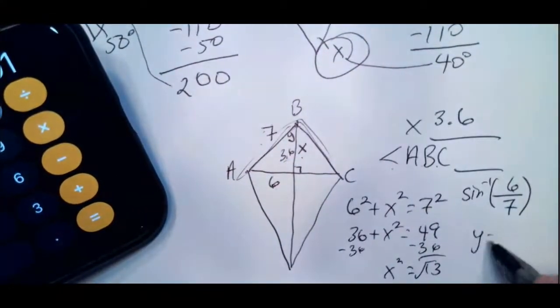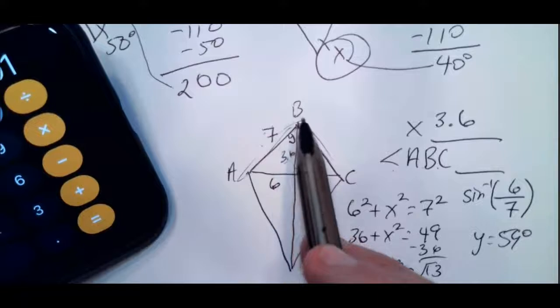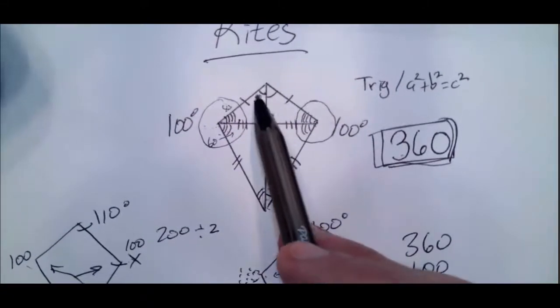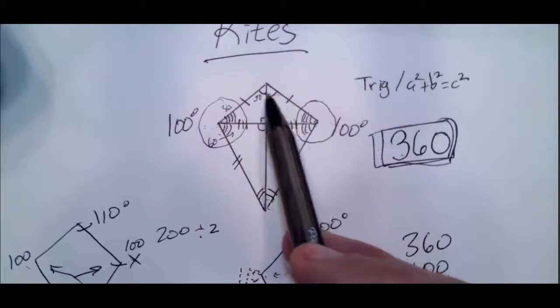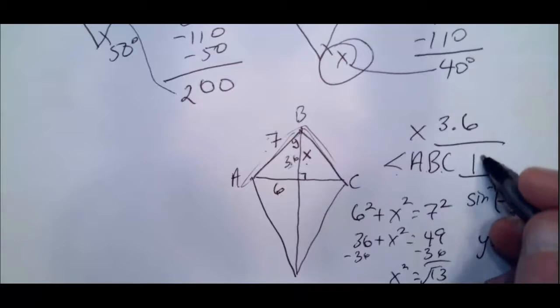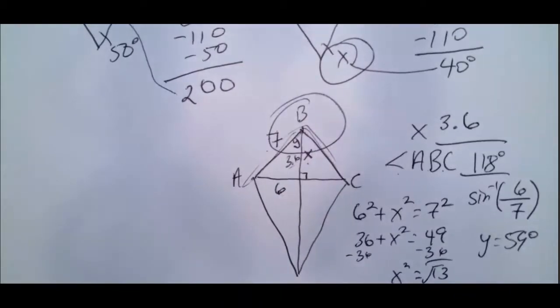So if this is 59 degrees, angle ABC, looking at our diagram, shows that these two are congruent. So 59 times 2 would be 118 degrees. And that would be the whole measure of this angle. So a lot of different things that you can do with the kite.